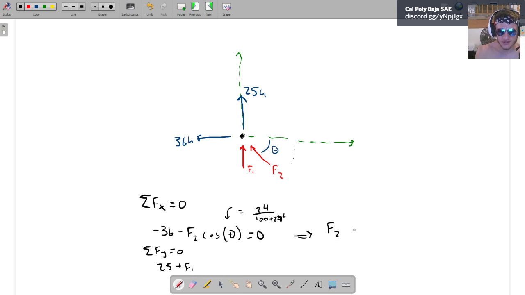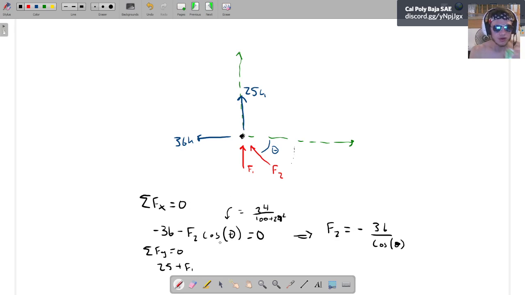So this is actually going to be F2 equals minus 36 over cosine theta. And the easiest thing to do when you're doing method of joints, or really any statics problem, is go too quickly and forget some positives and negatives. But good thing I caught it. Otherwise, that would have been slightly on the embarrassing side.